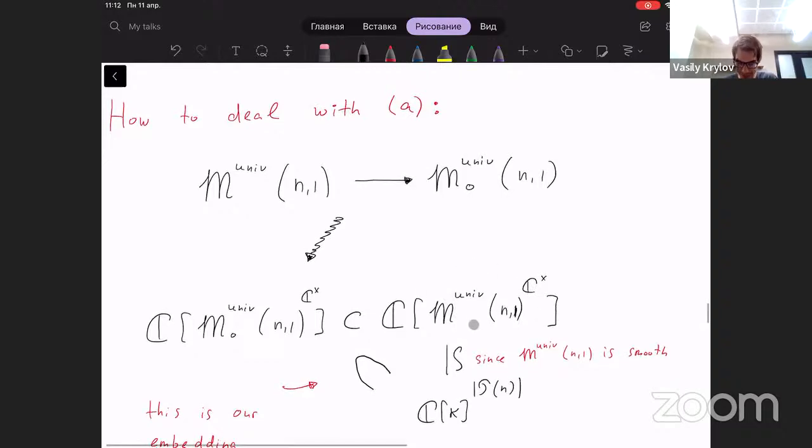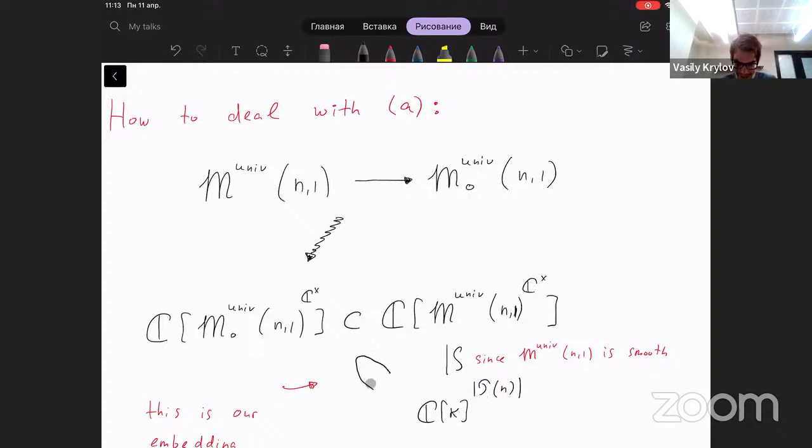And now the point is that this space is smooth. So fixed points of this space have no interesting scheme structure. That's why these functions are just C of kappa to the power of the number of fixed points, on every fiber.